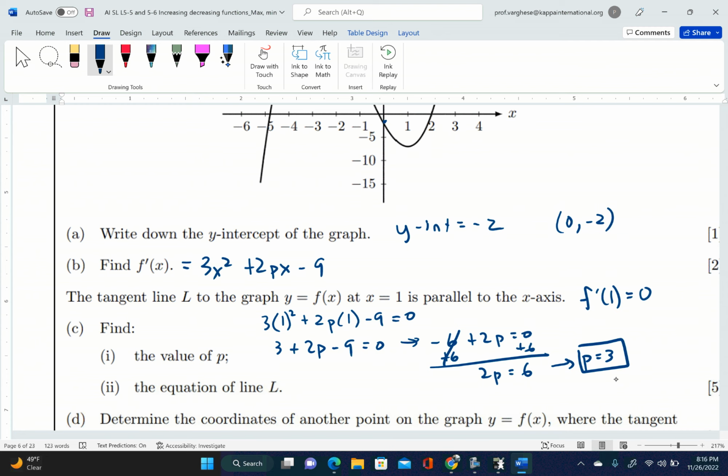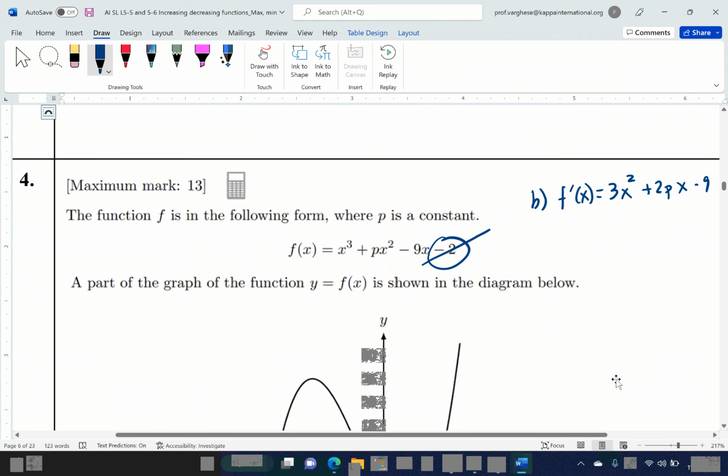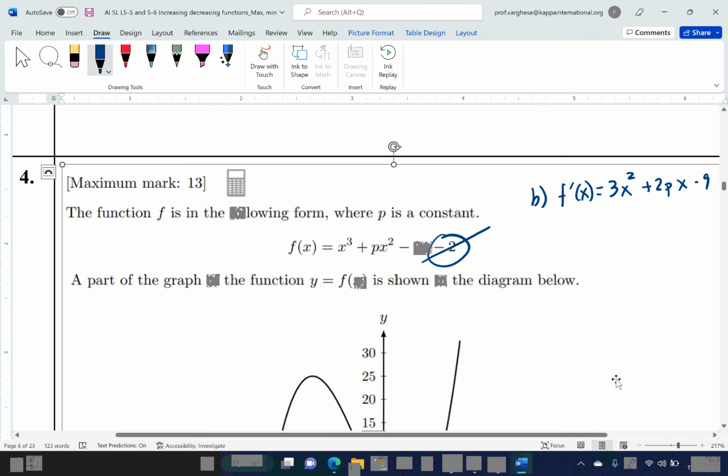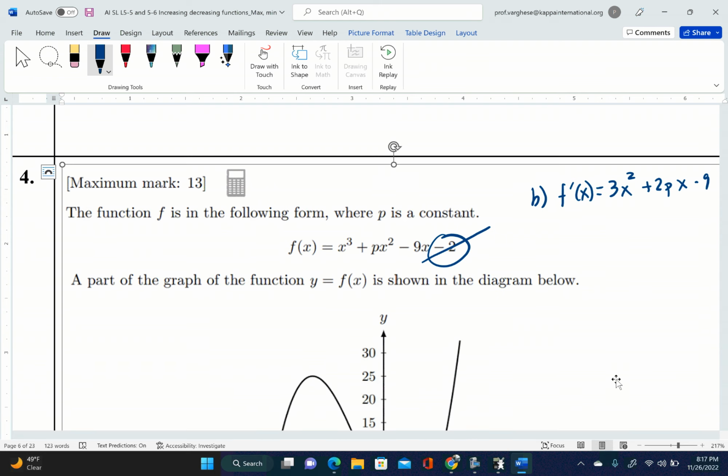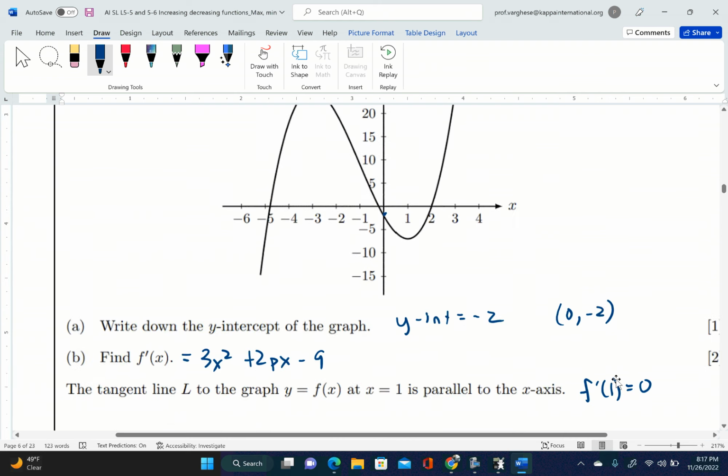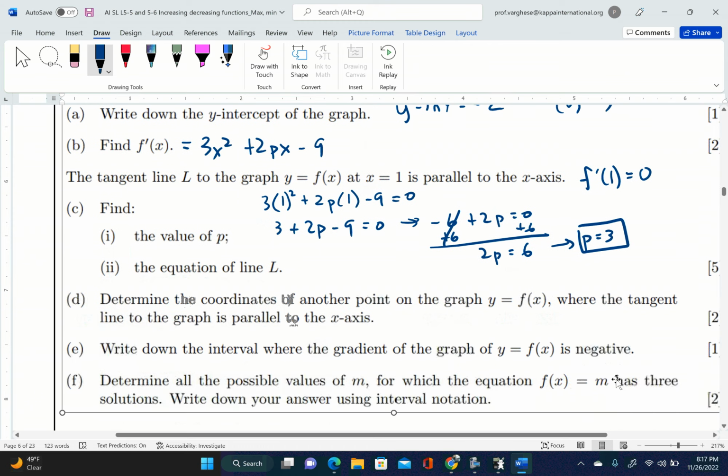Using that, we're going to find out the equation of line L. So to do that, we have the original function now. We just found out what p is, right? So if I go over here to the original function, I now know what my p is right here. So I can go ahead and use that to help us.